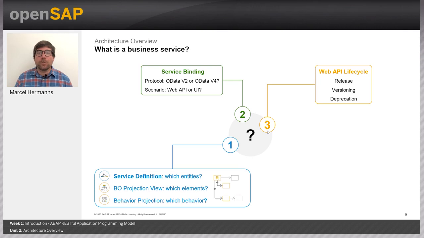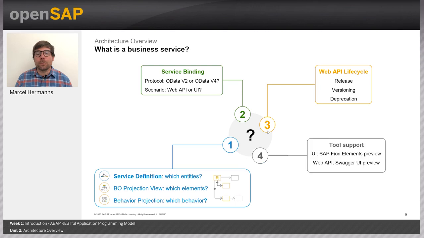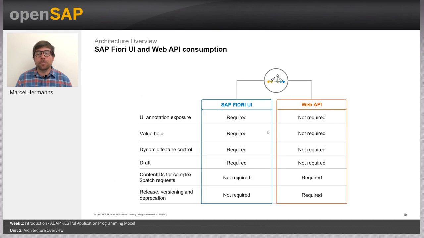And if we have multiple versions, then maybe at some point in time we also want to deprecate an older version. The tool support is also very important, because if we know the scenario defining the service binding, we can distinguish the tooling. So for UI, we can offer a Fiori Elements preview. For web API, a Swagger UI preview might be useful.